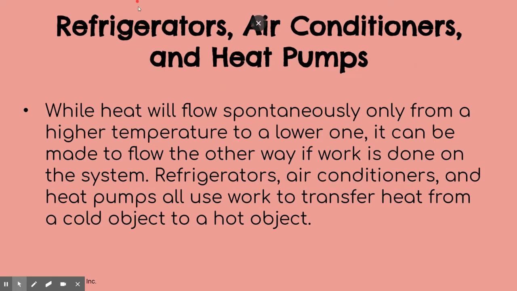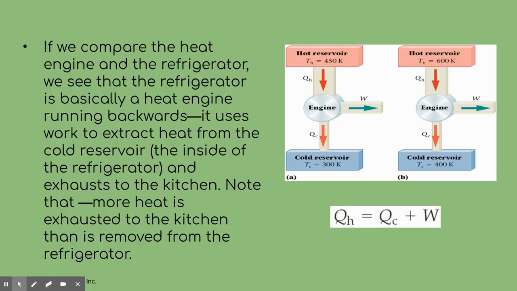So we see that refrigerators, air conditioners, and heat pumps are sort of just backwards heat engines, if that makes sense. Okay, so if we compare a refrigerator to a heat engine, as I mentioned in the previous slide, we can see that the refrigerator is basically just a heat engine that's running in reverse.